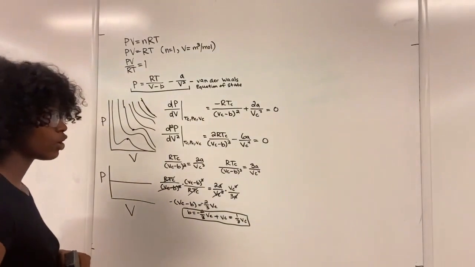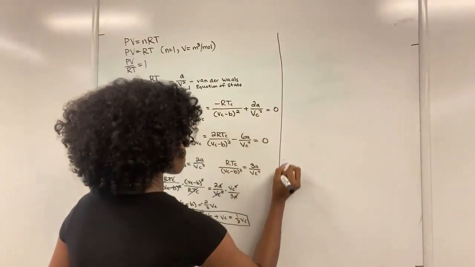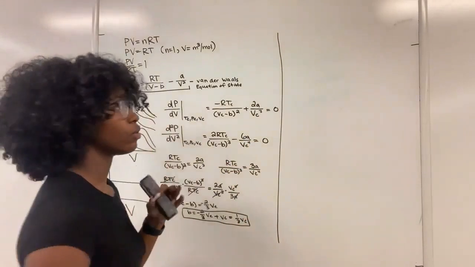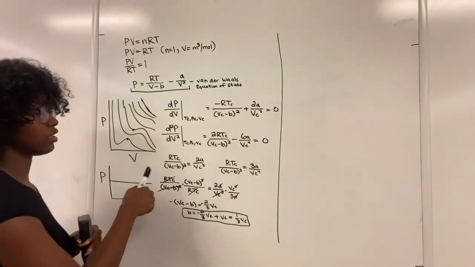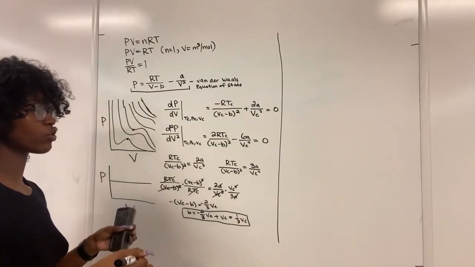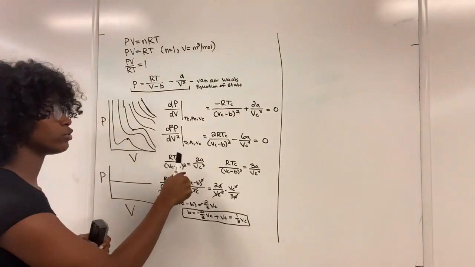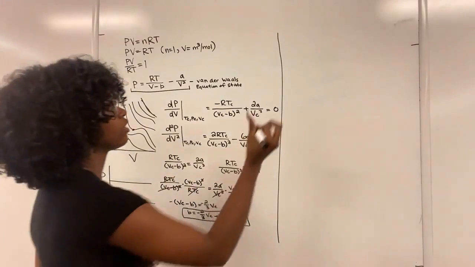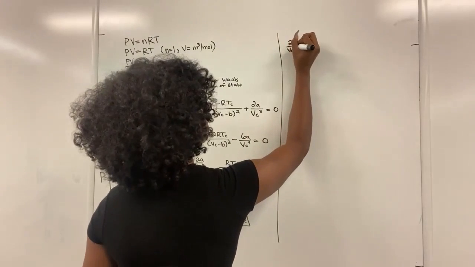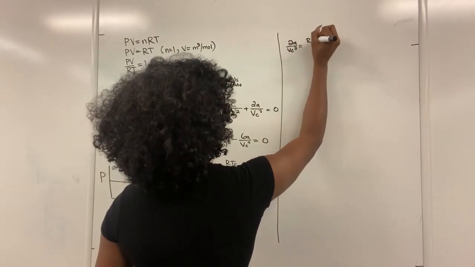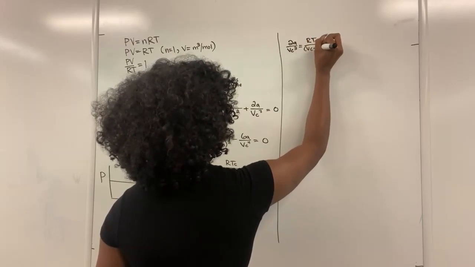So now that we have B, we can go ahead and solve for A. So we're actually going to use this first equation, since our terms are already set equal to each other. And I'm just simply going to flip it so that the term with 2A in it is on the left side. So 2A divided by the critical volume cubed is equal to R times the critical temperature divided by the critical volume minus B squared.